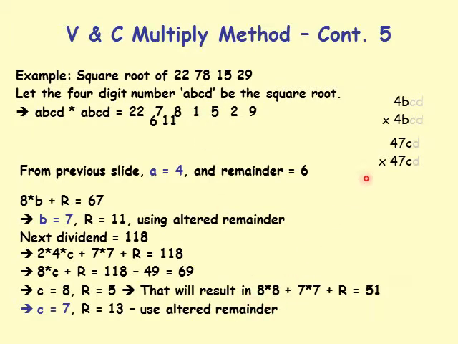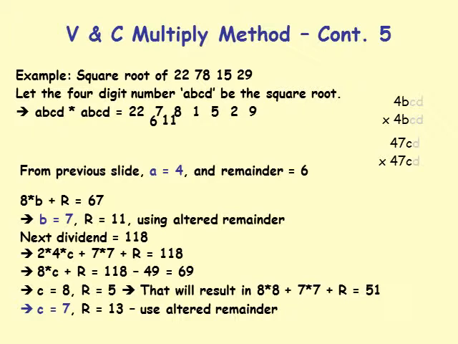That means 4 times 8 and 8 times 4, that's 8 times 8 here, plus 7 times 7, 49, plus r is equal to 51. Again, r would be negative, so we will backtrack right away and use a lower value for c and a higher remainder.